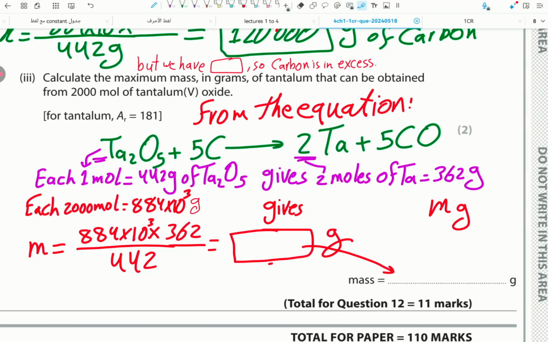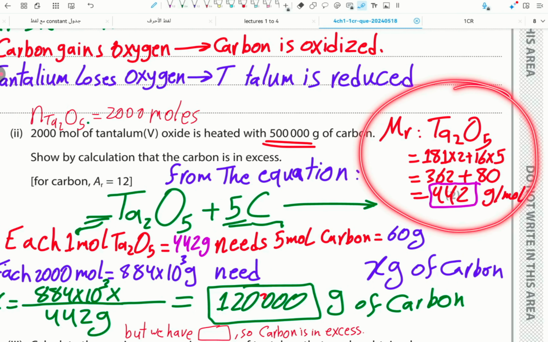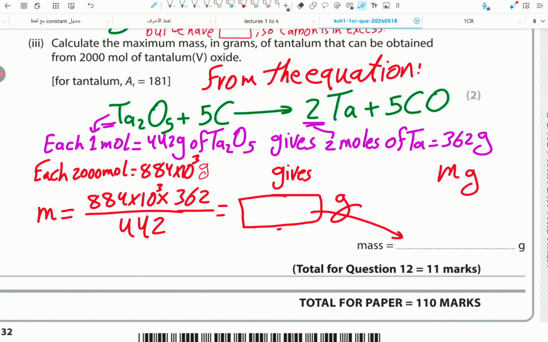We know that each 1 mole of tantalum oxide, which is 442, we calculated it here. This is the MR, the mass of 1 mole. Molar mass is the mass, in grams, of 1 mole of a chemical material. So each 1 mole, which is 442 grams of tantalum oxide, gives 2 moles of tantalum.